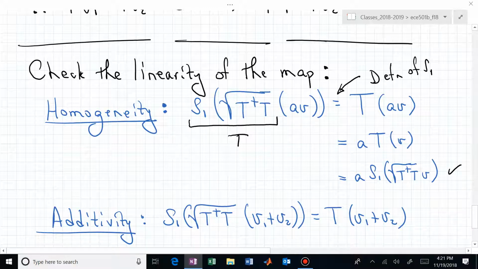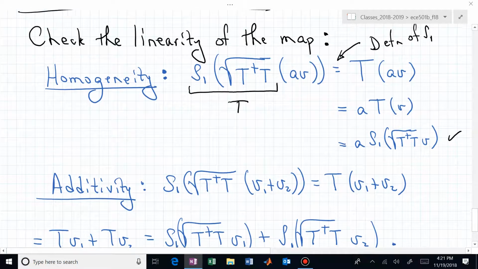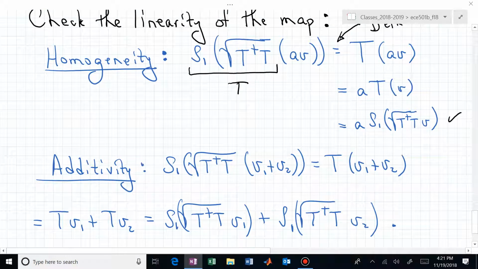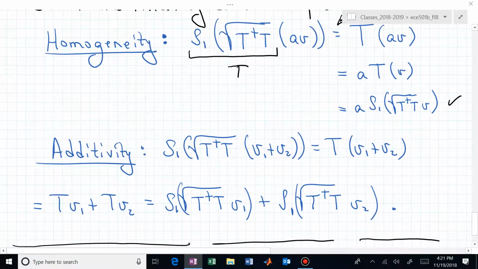That's our homogeneity check, just playing around with our definition and our understanding of homogeneity of the linear map. And now additivity, we do essentially the same thing. We want to apply this positive operator, square root of T dagger T, to v1 plus v2 and then rotate it through S1. Again, this is just T by definition of S1.